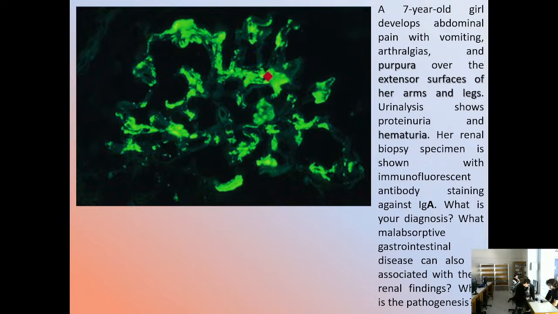Okay, so these are IgA deposits, and the main clinical symptom of the patient is, this is a Henoch-Schönlein purpura with arthralgias. What is this? In contrast to the previous case, when we had primary glomerulopathy, that means a disease starting from the kidney, from the glomeruli.